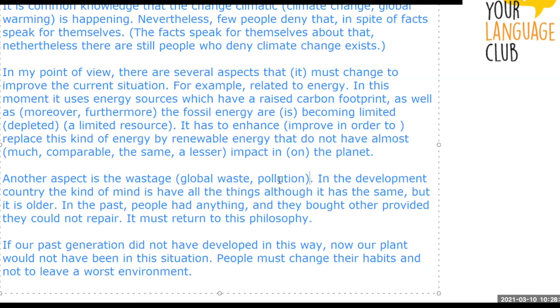Okay, and then in the development country, the kind of mind is have all things, although it has the same, but it is older. What do we think about this sentence? Monse, what would you change there?